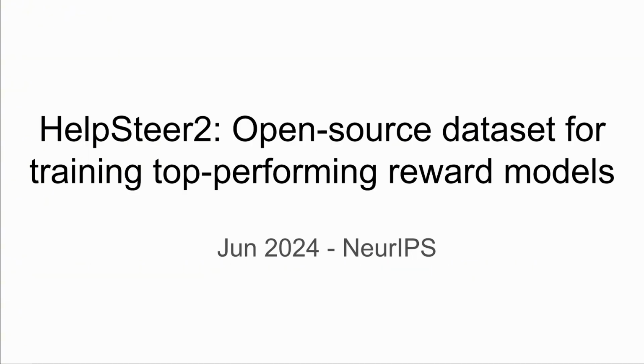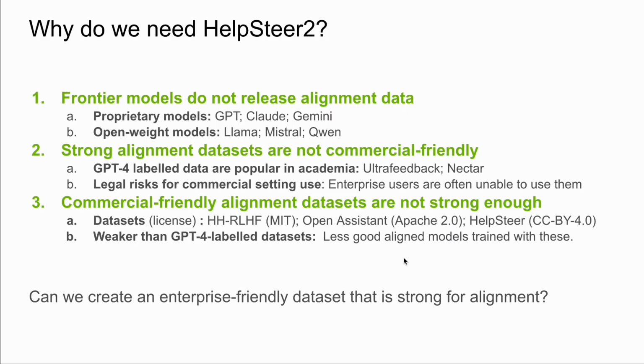Okay, so moving on, this is now HelpSteer2, and this is a good 7 months after we released our first model, and we presented this at NeurIPS earlier last year. So a similar problem: at that time, we had both proprietary models and open weight models, including Qwen, that do not release alignment data.